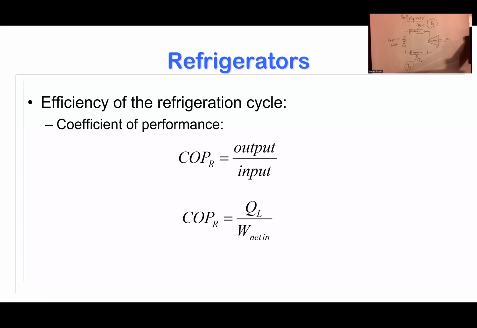And in the case of a refrigerator, I have to put the work in. That's what I have to put in as input. What I want, what I'm desiring in the case of a refrigerator is I want to cool this low temperature space. So QL is actually what I'm after. That's my goal. That's my output.